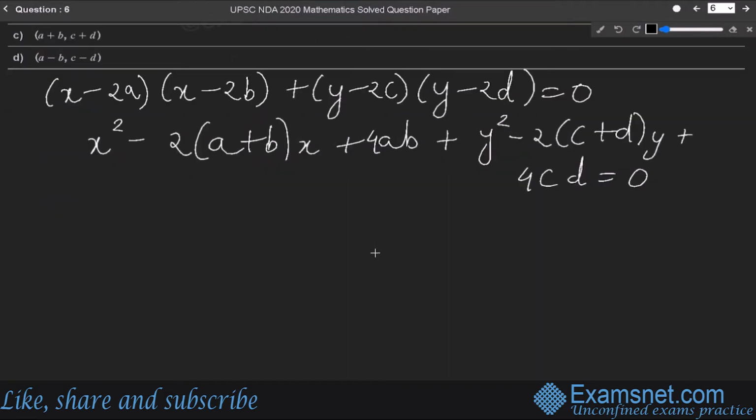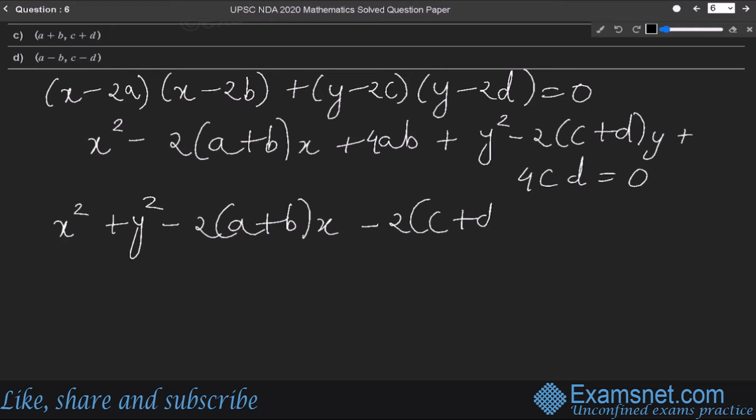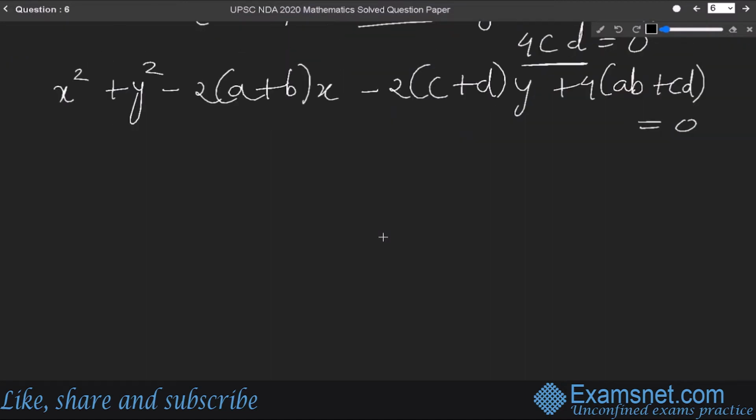Now I can arrange it in this form: x square plus y square minus 2 into a plus b x minus 2 into c plus d y plus 4 and in bracket ab plus cd is equals to 0. I have taken 4ab and 4cd as a single term, and you can see that 4 is common, so it will be 4 and in bracket ab plus cd. Now we know the general equation of circle.